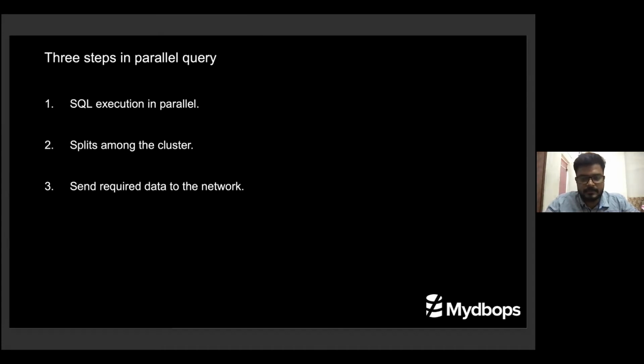That means the query will be split based on the where condition among the cluster, and it will aggregate the values in a single node and give the output to the end user. Also, it won't transfer the complete table data. It will filter the data based on the where condition and transfer only the required data to the node where it has been requested.